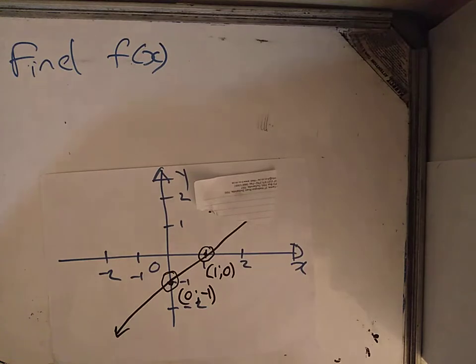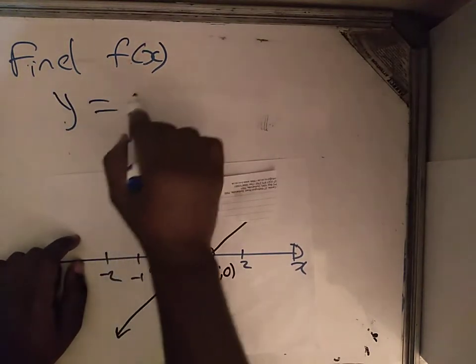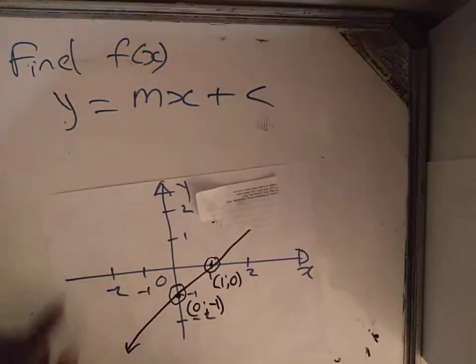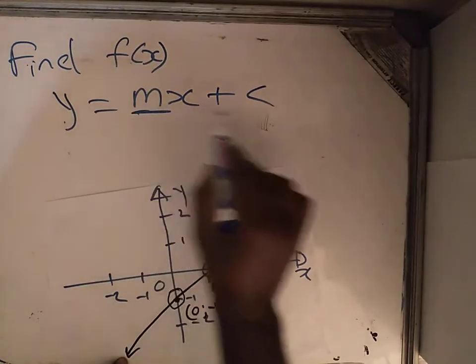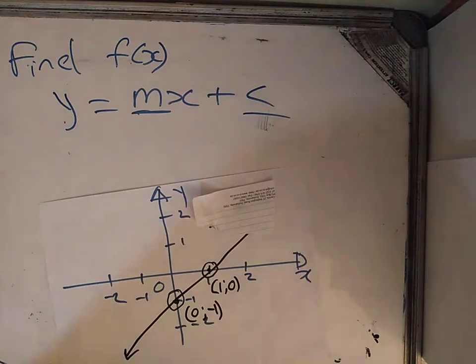So if it's a straight line, then it's going to be in the form of y is equal to mx plus c, and you know that m is the gradient and c is what? The y-intercept. Now, ladies and gentlemen, there are many ways in which you can do this.